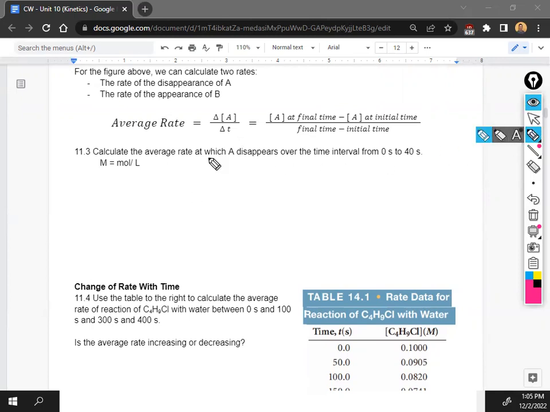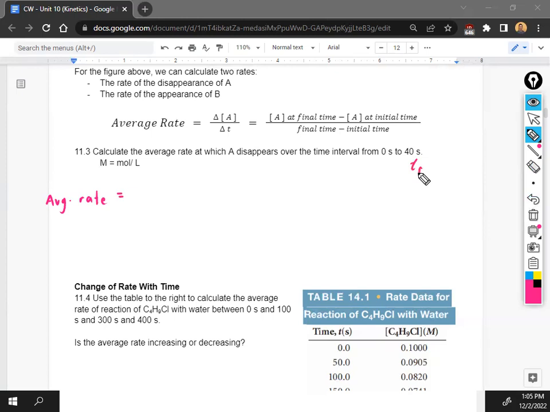So what we got to do first is, if we want to find average rate, we're going to just use this equation. So we're going to figure out first what the final time is and the initial time. What is the final time here? Yeah, 40. 40 is the final time. So I'll write TF.